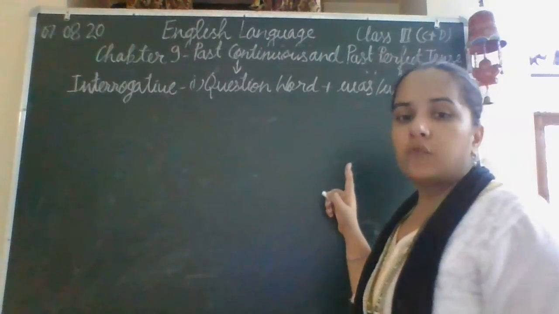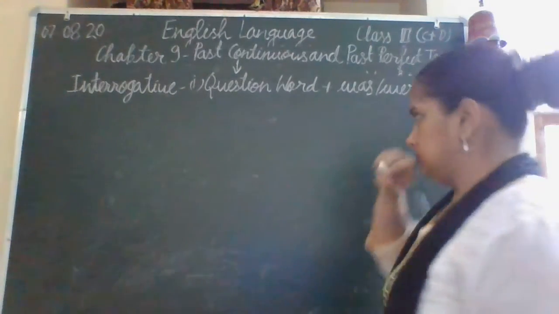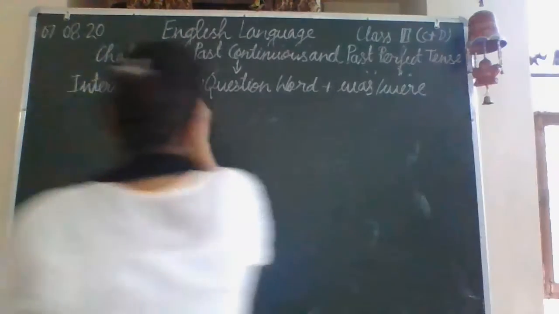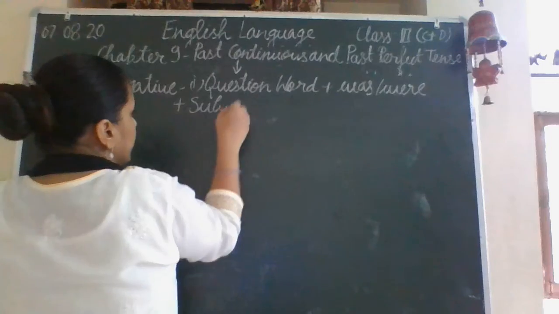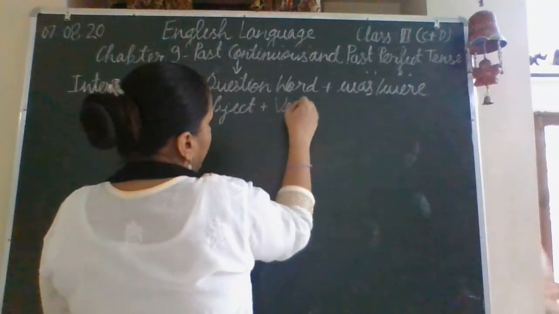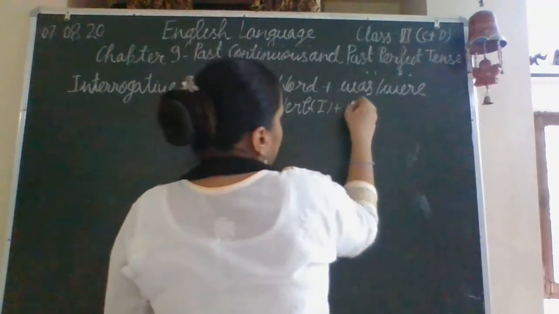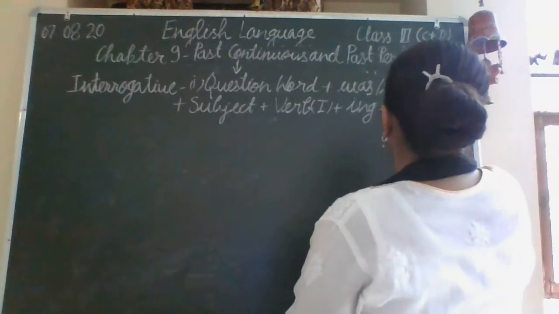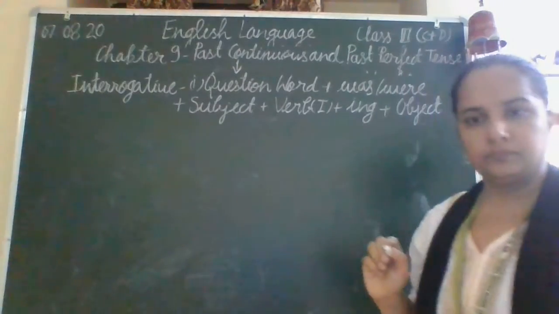Again, the use of was and were will depend on the subject of the sentence. Was or were plus subject, plus base form of verb, plus ing, plus object.